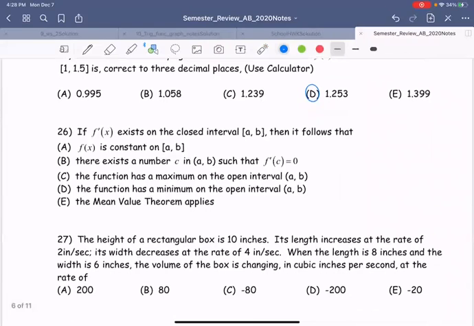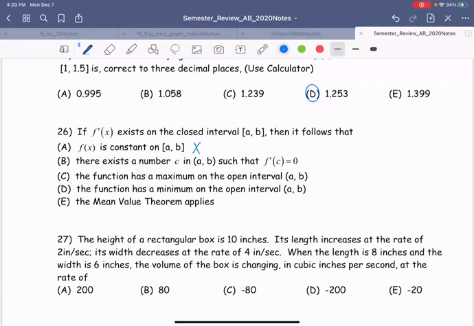Now number 26. If f prime of x exists on this interval, then it follows that, well, if your derivative exists, constant? No. You don't have to be a constant to be differentiable, okay? So A is wrong.